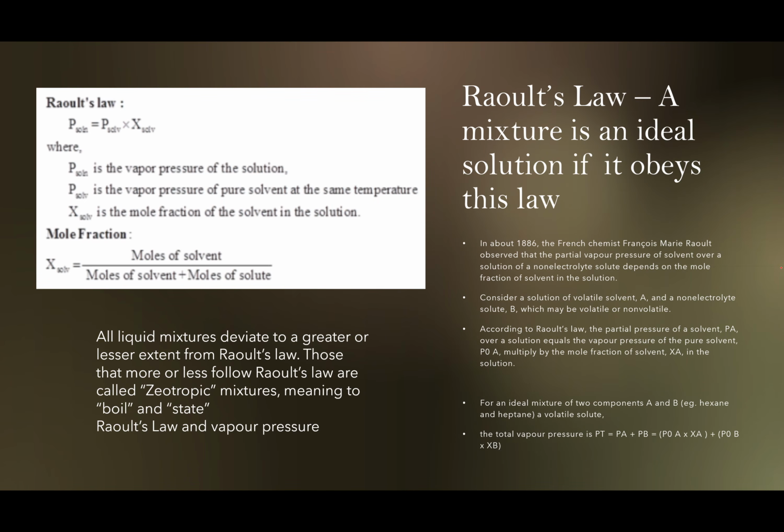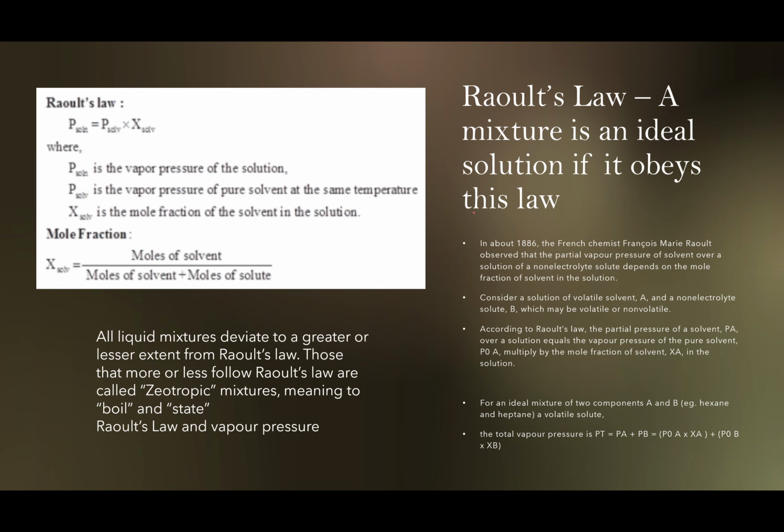If we consider a solvent A and a non-electrolyte B, which may be volatile or non-volatile, then according to Raoult's law, the partial pressure of A, PA, over a solution will be equal to the vapor pressure of the pure solvent, P naught A, multiplied by the mole fraction of the solvent, chi A, in the solution.